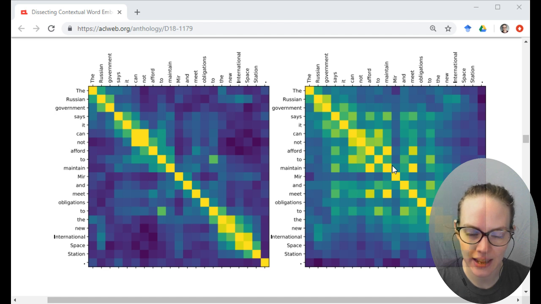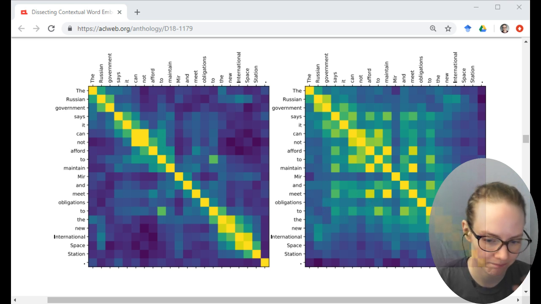So it seems like it's not tagging part of speech. I don't want to say that, but it definitely has some strong patterns that correlate with part of speech.